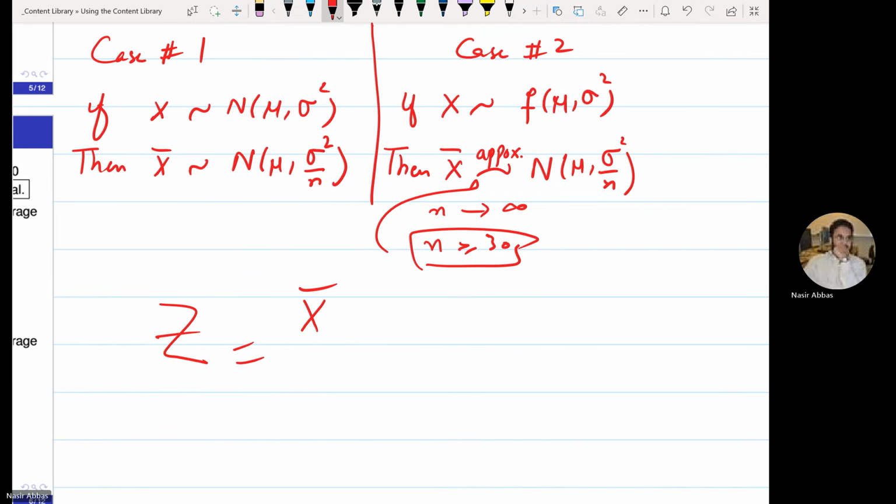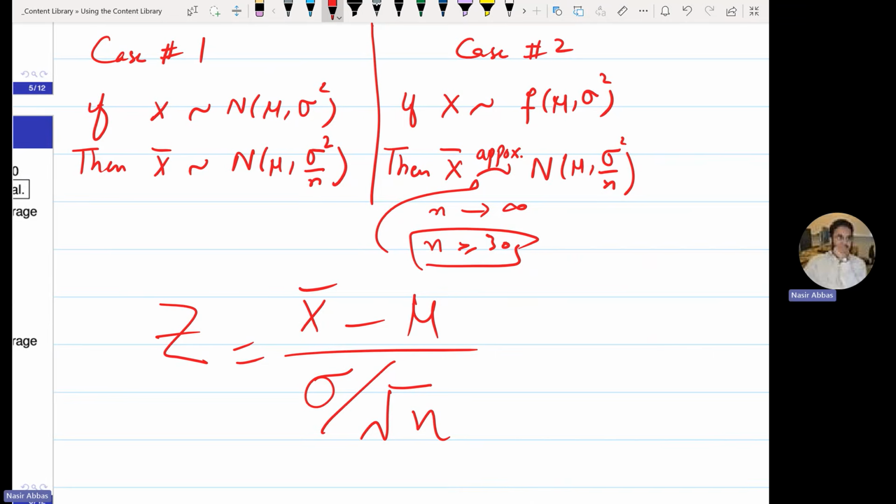Variable minus its mean divided by its standard deviation. What is the standard deviation of this variable? Square root of this variance.